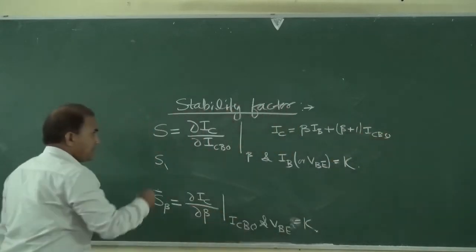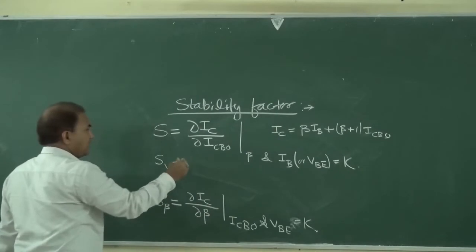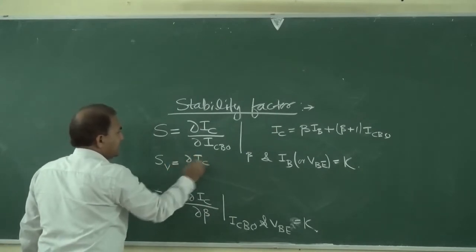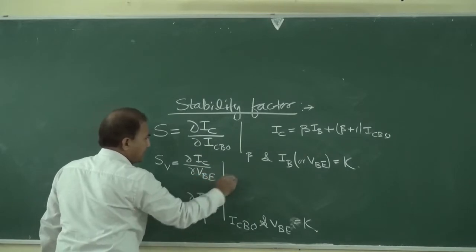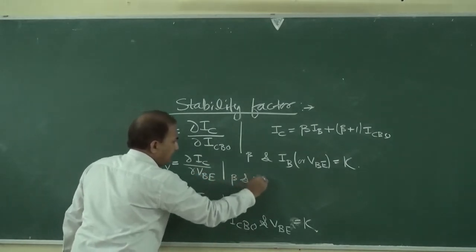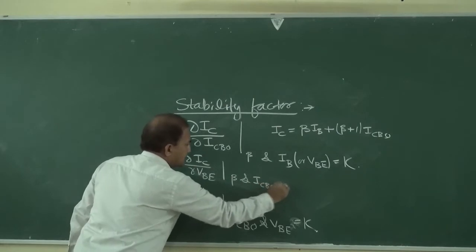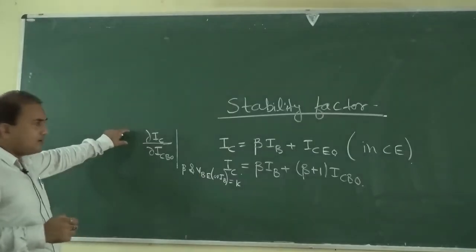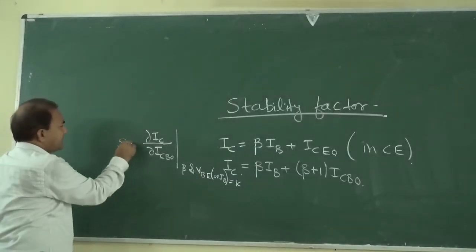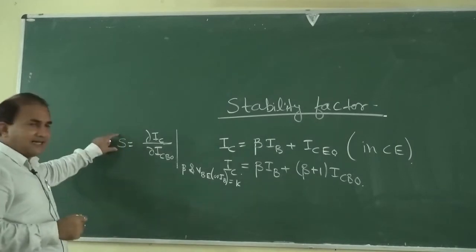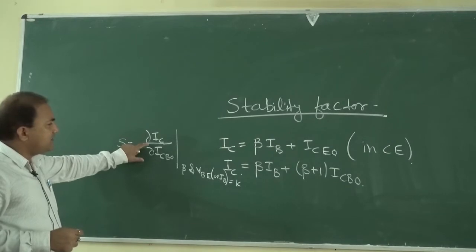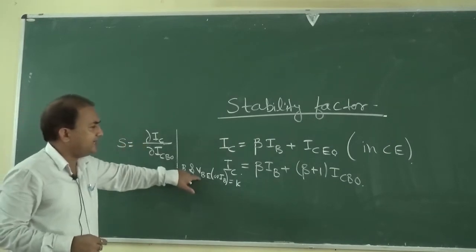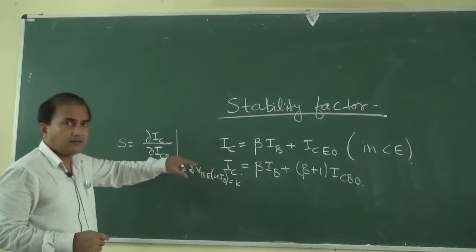Again, S V is equal to del IC divided by del VBE when beta and ICBO are constant. So the first stability factor we are defining as del IC divided by del ICBO when beta and VBE or IB are constant.